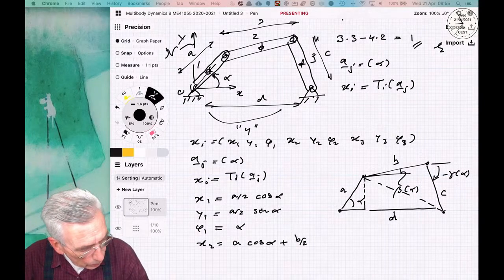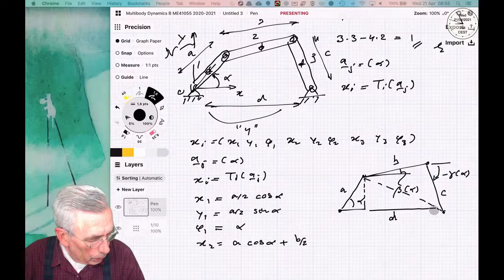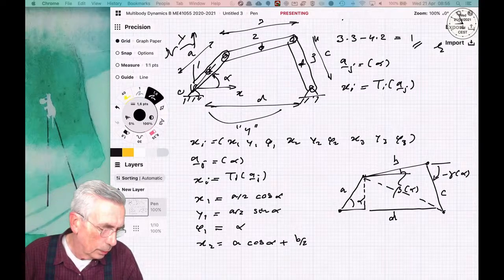Well, I can calculate what the length is of this guy, because I know this short distance, I know the total distance d, so I know this in between, I know this height, and that's all a function of alpha, so I can calculate what the length is of this as a function of alpha.